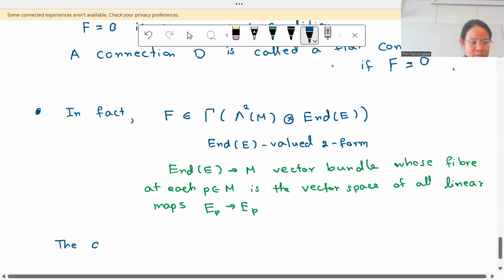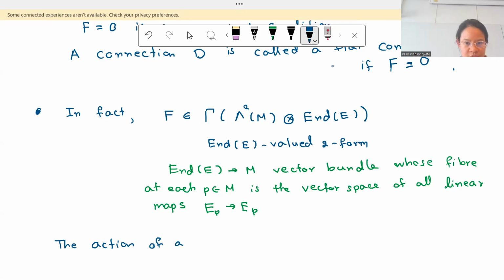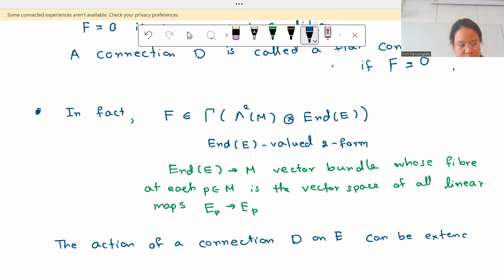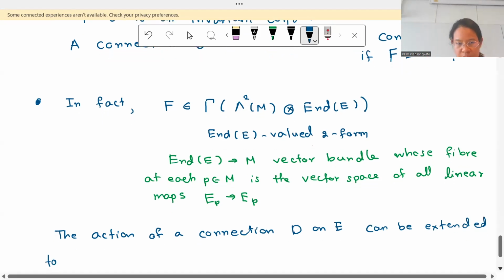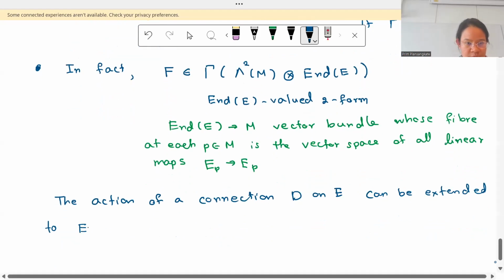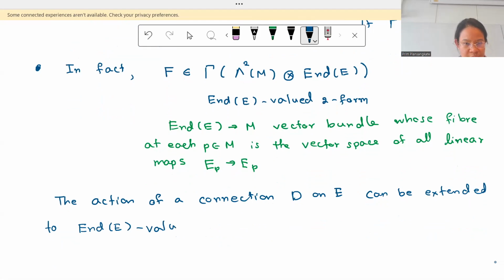The action of a connection D on E can be extended to endomorphism of E in E valued K form. And the curvature is a two form.